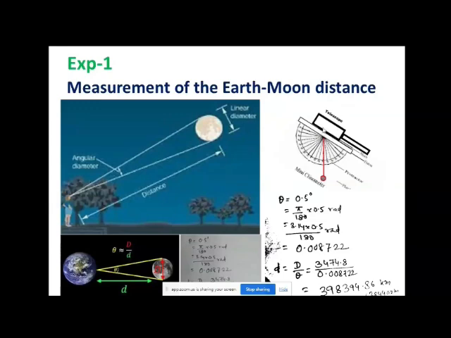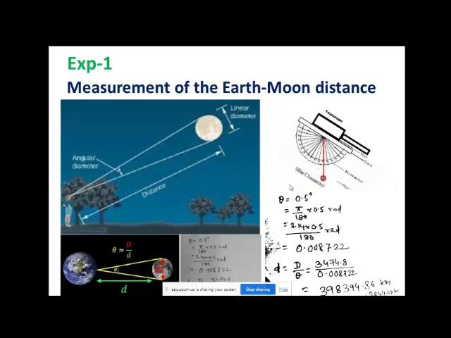If we target one side of the moon, if we fix our crosshair at one side, at that time we have to record the angle. Then we tilt up the telescope and fit the crosshair at the upper edge of the moon. So we can roughly get the angular diameter by taking the difference of the two readings.